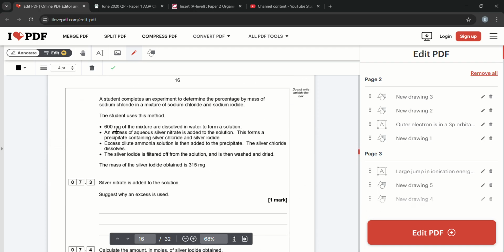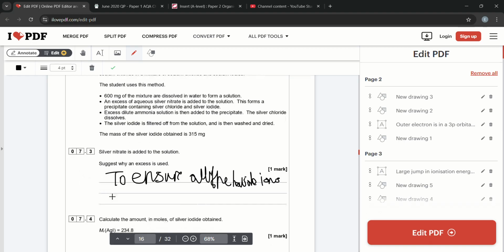And then it says silver nitrate is added to the solution. Suggest why an excess is used, when a student completes an experiment to determine the percentage by mass of sodium chloride in a mixture of sodium chloride and sodium iodide. Well, an excess is used to ensure that all the halide ions, aka the chloride ions and the iodide ions, are removed from the solution.